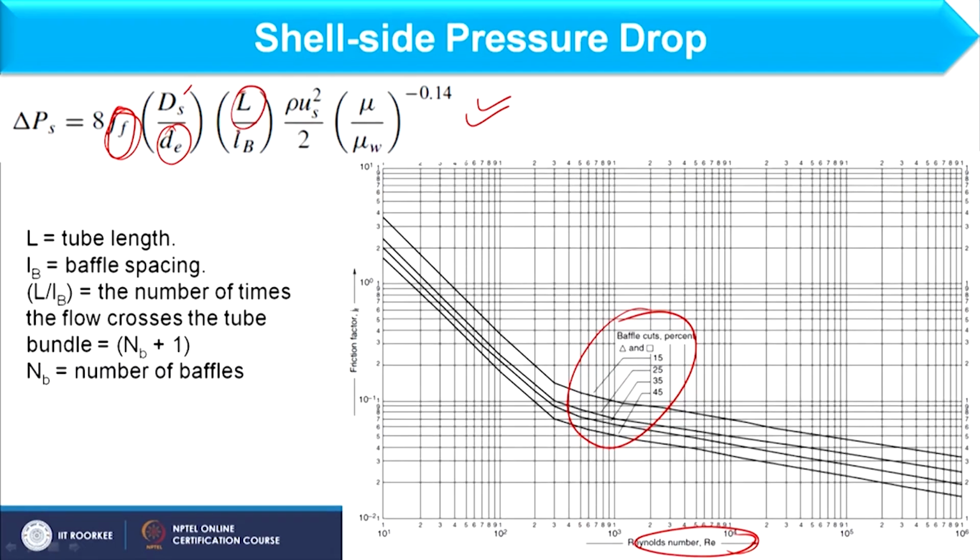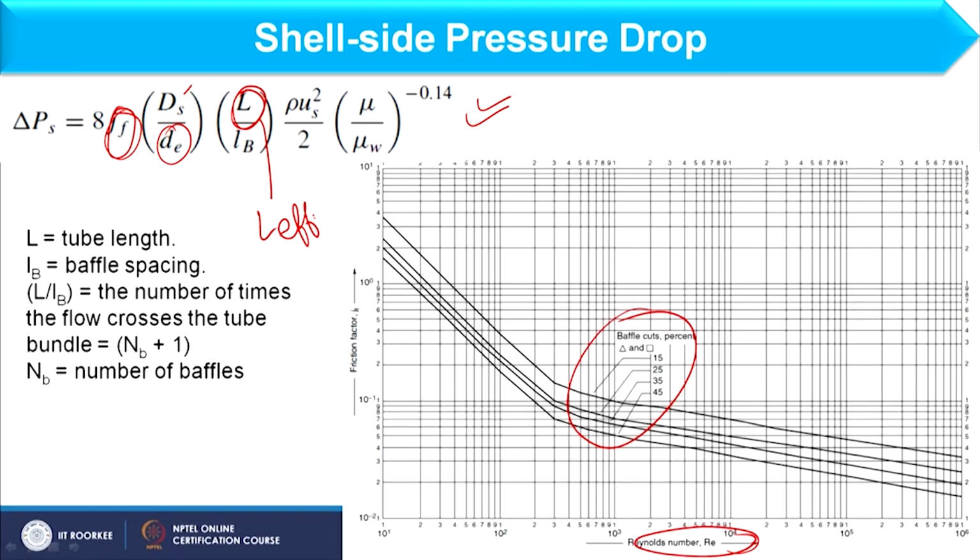Capital L is the tube length, because I have already told you that once I am fixing the tube length, I am fixing the shell length also. Okay. So, that capital L is basically the tube length over here, but here this L should be L effective, okay, because the portion of the tube inside the tube sheet is not creating any friction in the shell side.